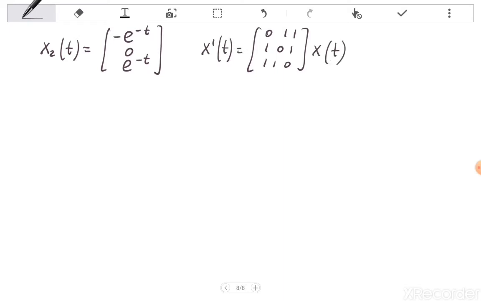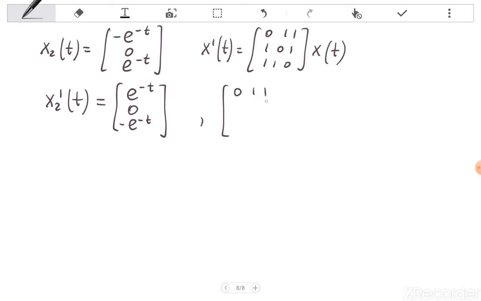So first let's find x2 prime of t, which is the derivative: minus, and this minus will be plus e to the minus t. The derivative of 0 is 0, and the derivative of this one is minus e to the minus t. And let's calculate the right hand side of the system.